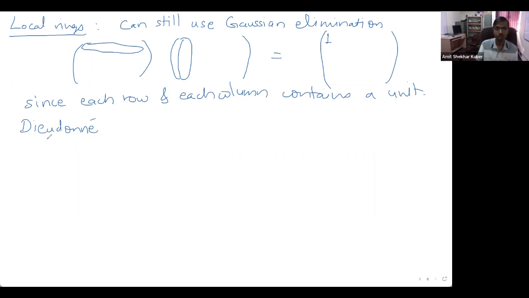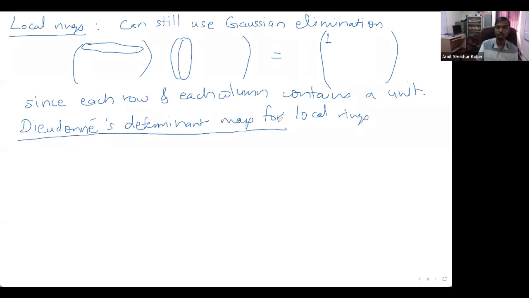So Dieudonné, who was the supervisor of Grothendieck, has given a determinant map for local rings. Actually the determinant can be defined more generally, not just for commutative rings, but also for non-commutative local rings.